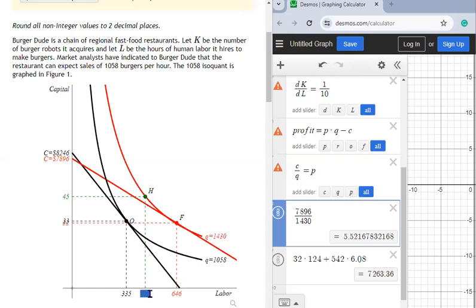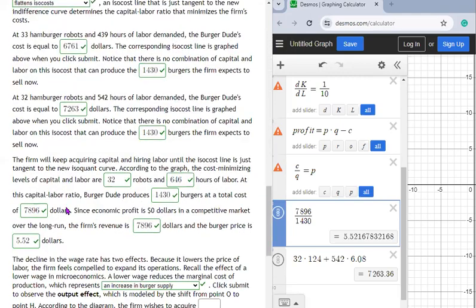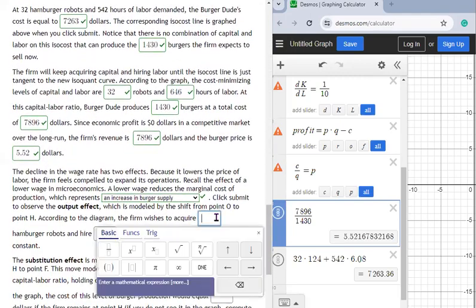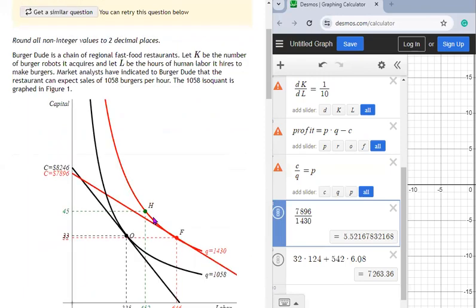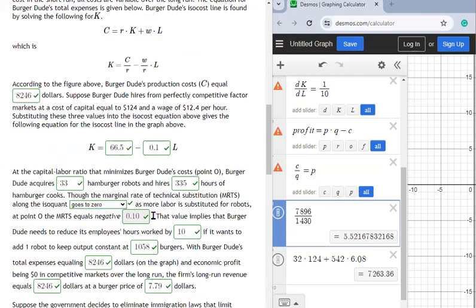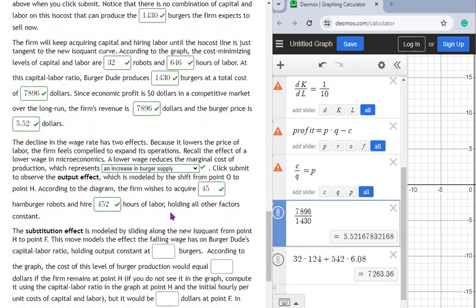We're going to ramp up our labor demand to 452, and ramp up our hamburger robots to 45. So we're going to require 45 hamburger robots and 452 hours of labor in total. That's the output effect.